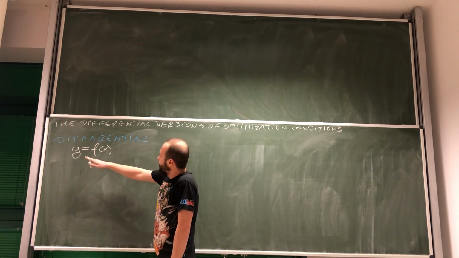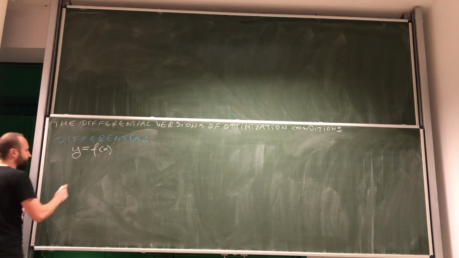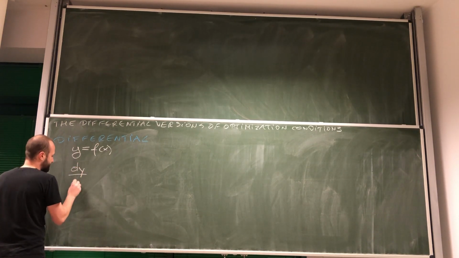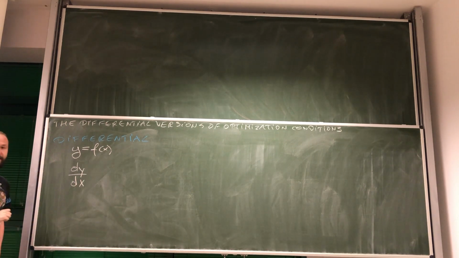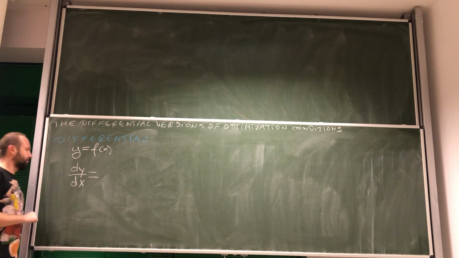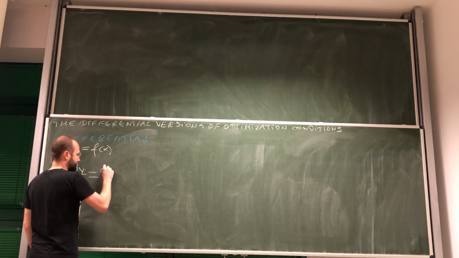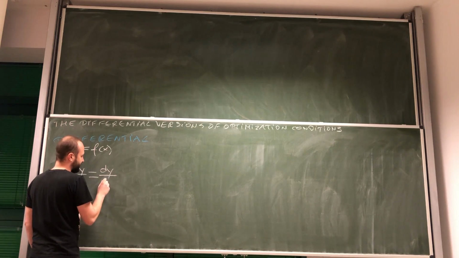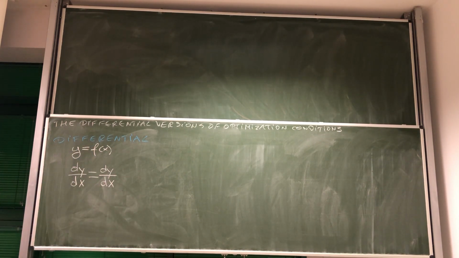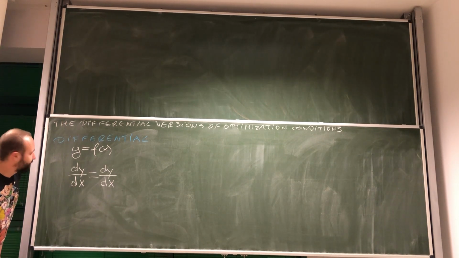Okay, so for this function, y equals f of x, a function of just one variable, I can calculate derivative dy/dx. And I can be 100% sure that this derivative dy/dx is equal to the same derivative dy/dx. And what did we say before about it?